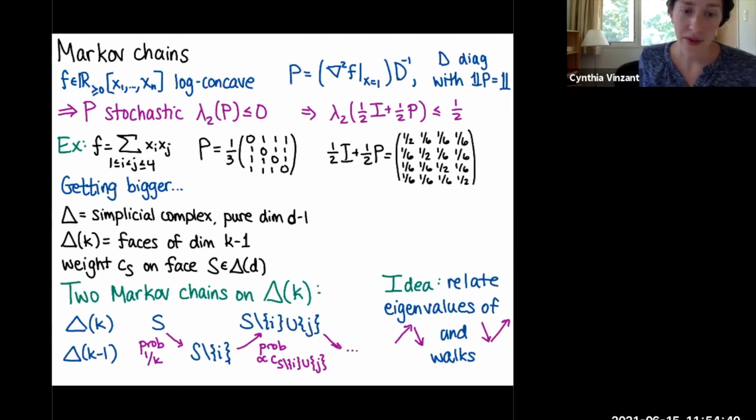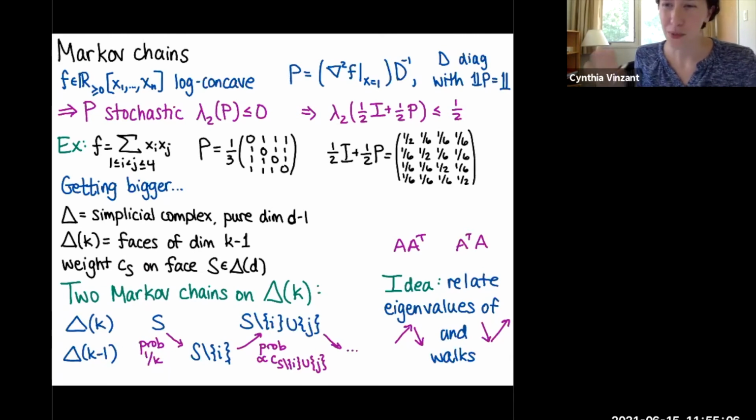Because these steps are independent, you can think of the matrices for these 2 Markov chains as, one matrix with transition probabilities of the form AA transpose, and the other of the form A transpose A. This is roughly true. There are some asterisks on this statement, but it is roughly true.